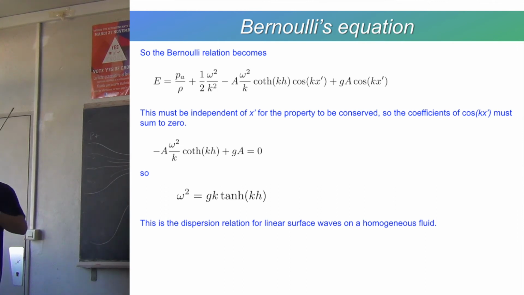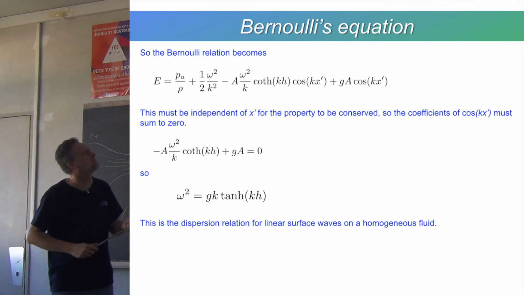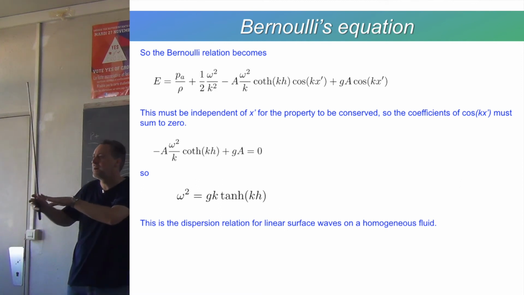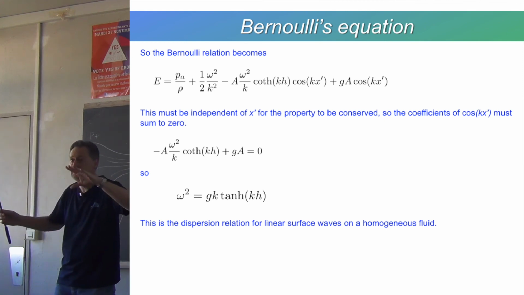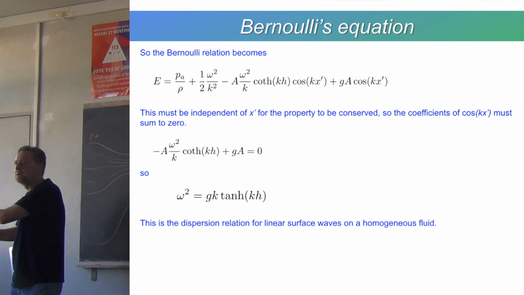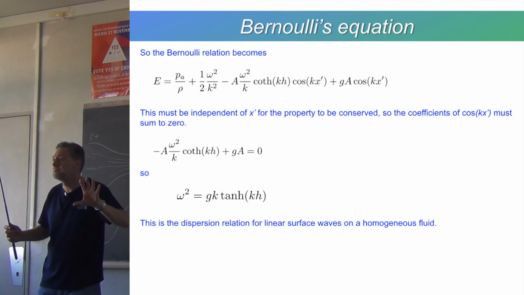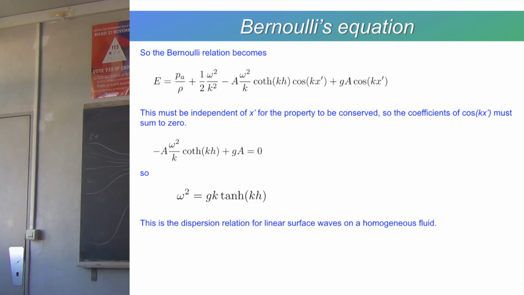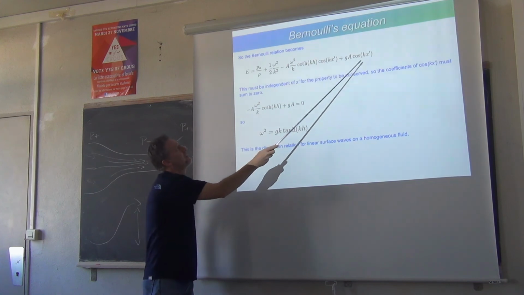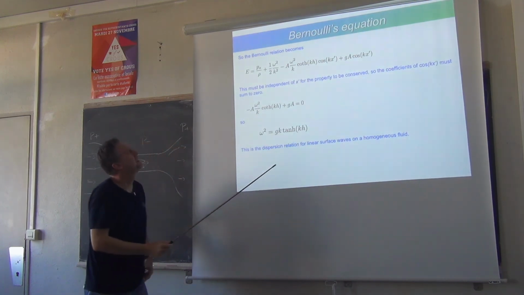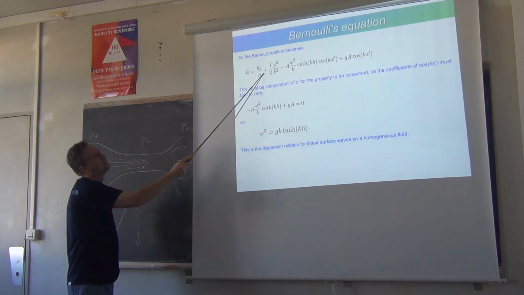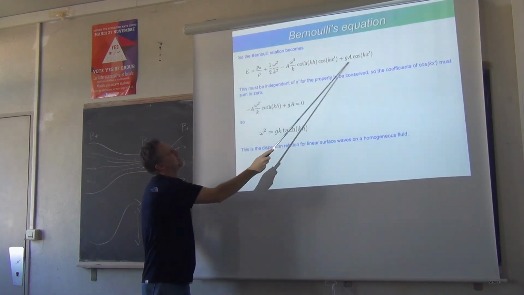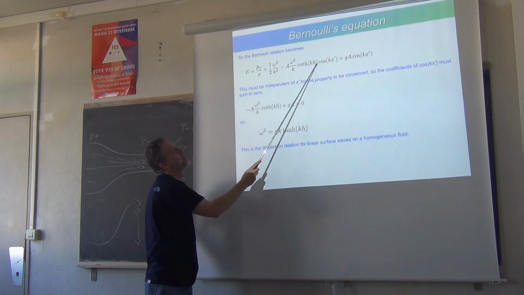So as my fluid flows through my new coordinate system, it will encounter all the different phases of the wave. And it's conserved, which means it must be independent of this x prime here. Whatever the value of this is, it's a constant. This must not vary, okay?